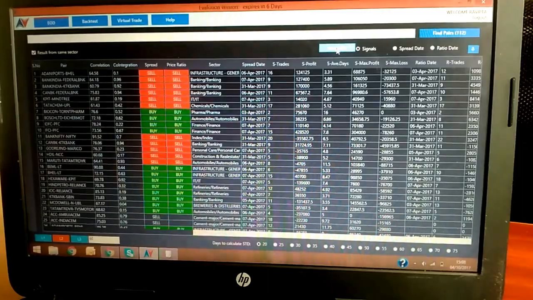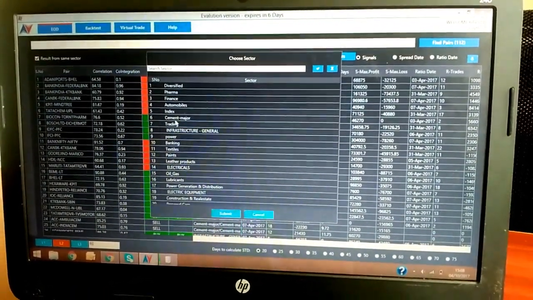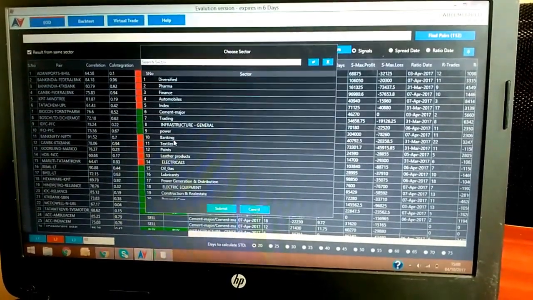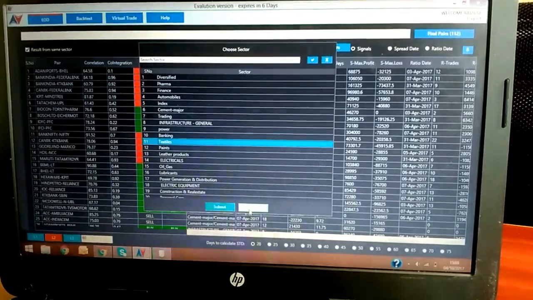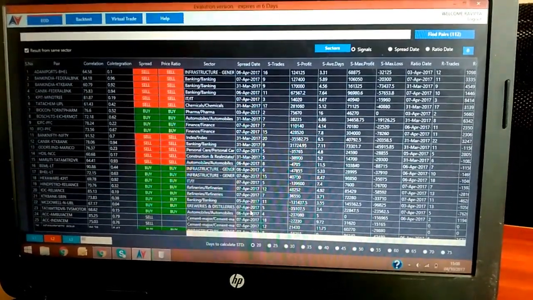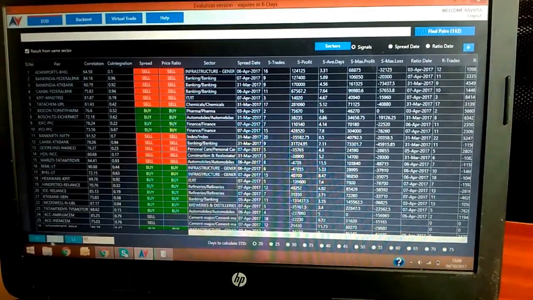This is the sectors page wherein you can select whatever sectors you want to trade, like you have cements, index, banking, textiles, etc. You need to select them and then click on submit. Then you will be getting the pairs. Apart from this, you have to select L1, L2, L3.